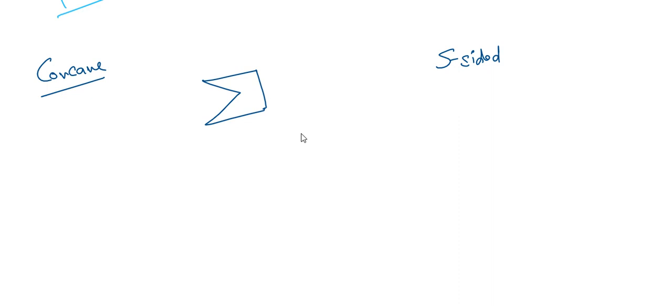So let us now discuss the concave scenario. How do I determine concave? If in my polygon I connect any of the edges and draw an imaginary line segment, it is known as the line segment test.